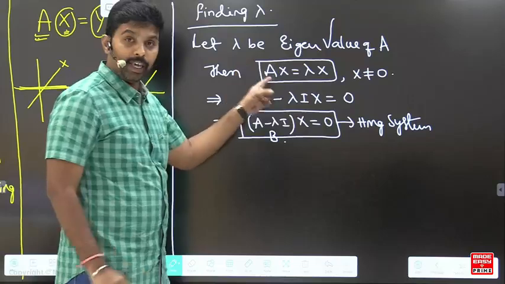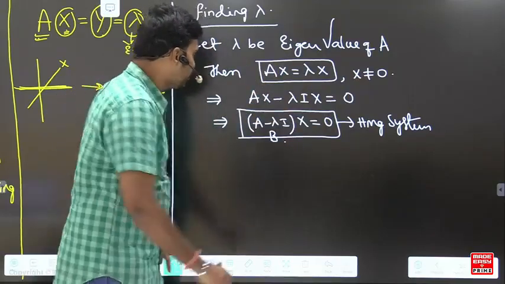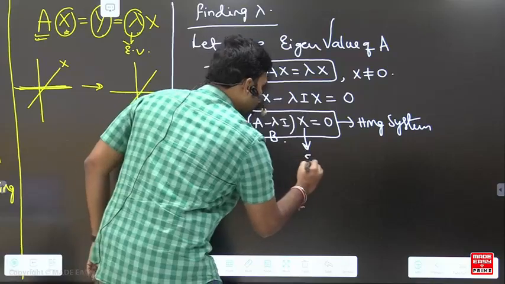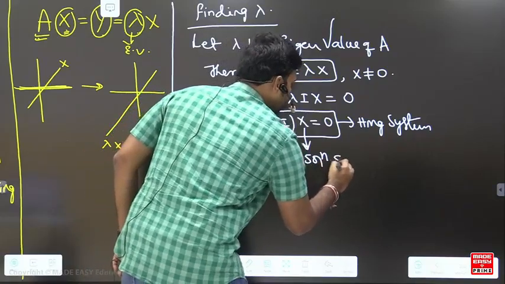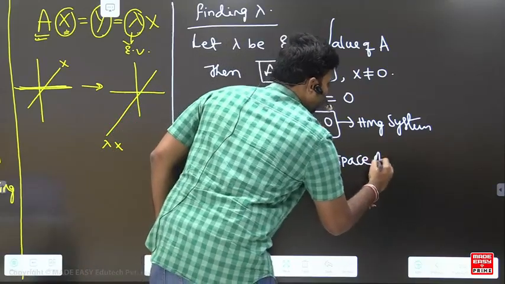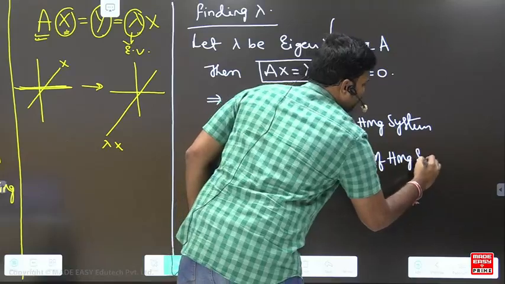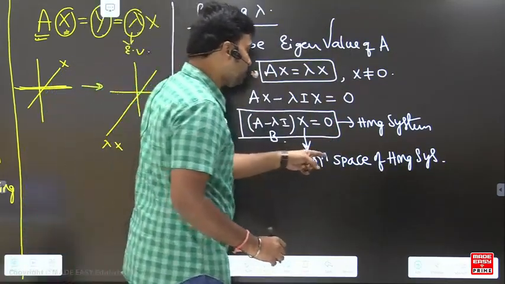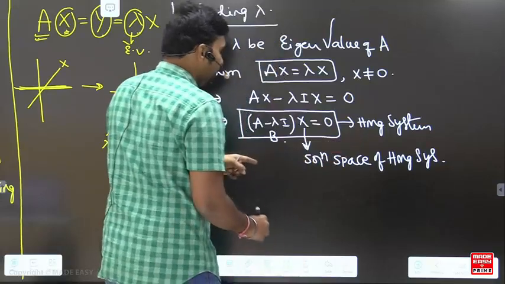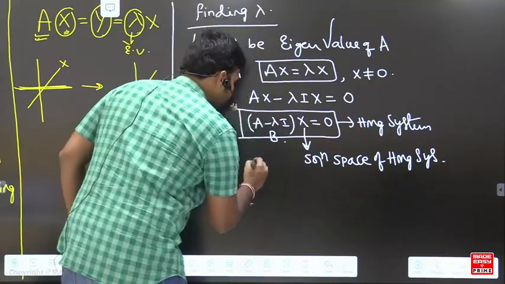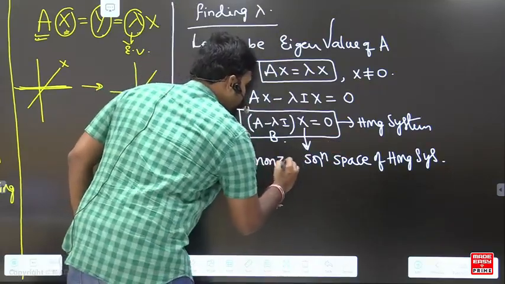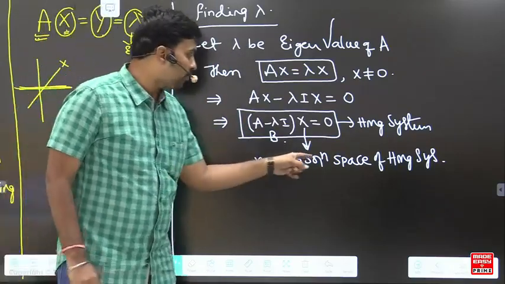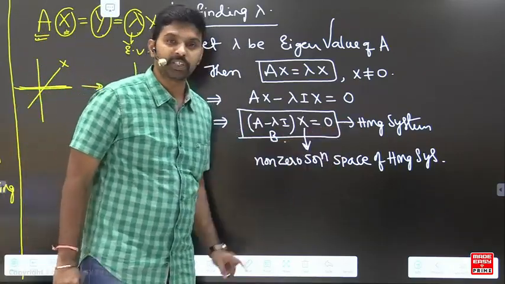Since X is not equal to 0, this X is the solution space of this homogeneous system, a non-zero solution space. Now you tell me, when do you have a non-zero solution for a homogeneous system?